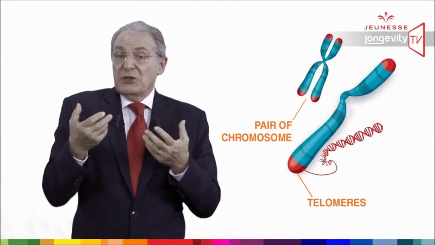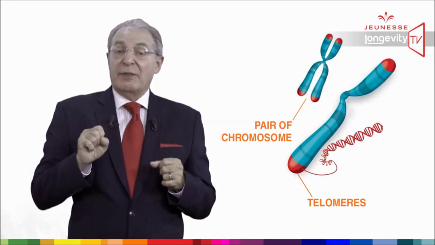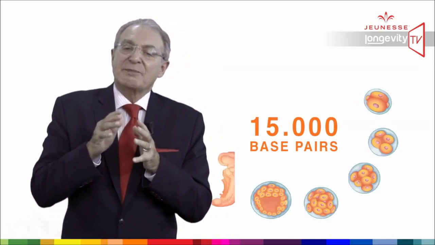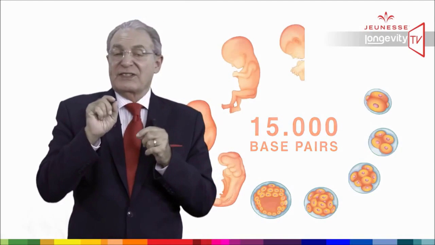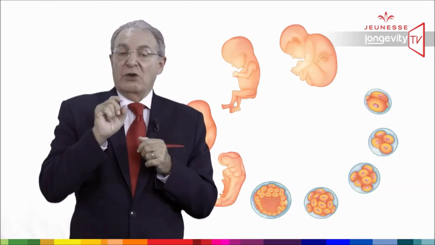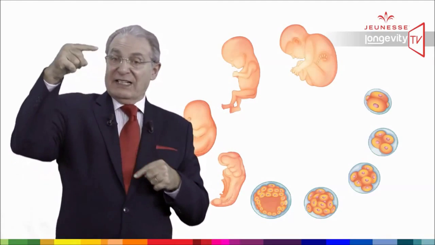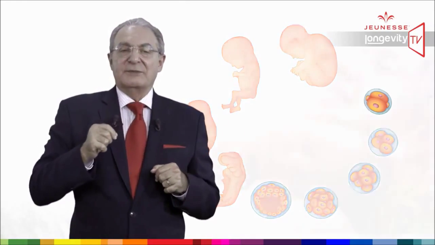Today, we can measure the biological age of cells by the length of the telomere. When we are conceived, the embryo has about 15,000 base pairs in its telomere. By the way, a base pair is a standard unit of measurement in the chromosome, and the total length of a DNA strand is 3 billion base pairs.